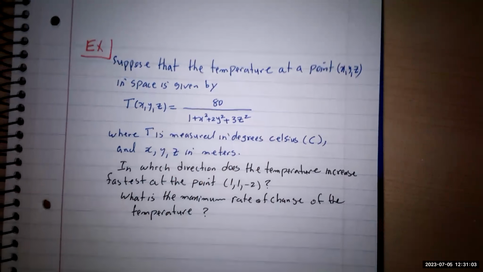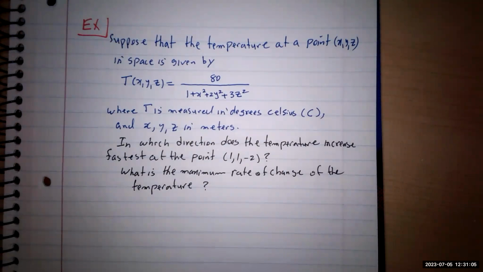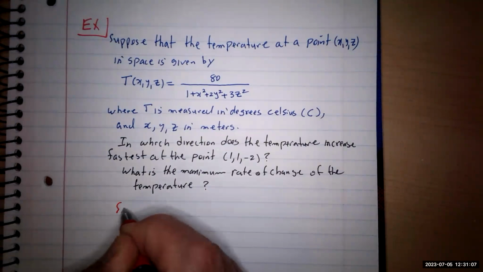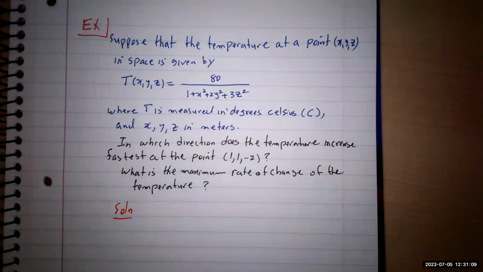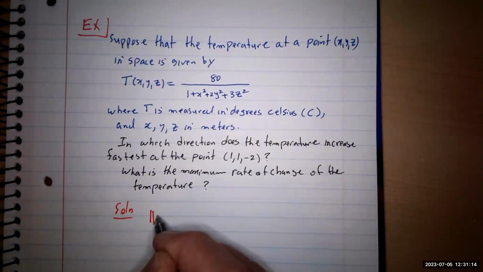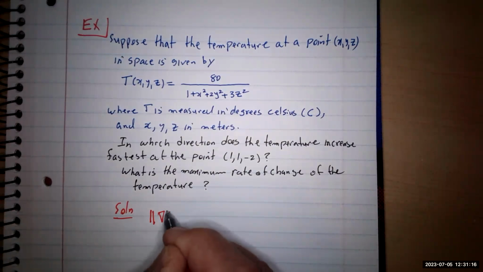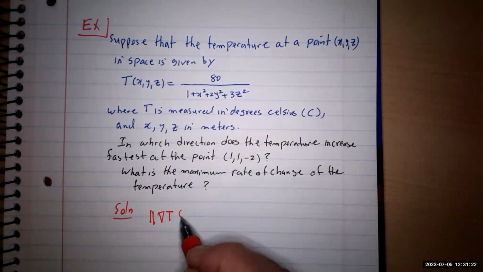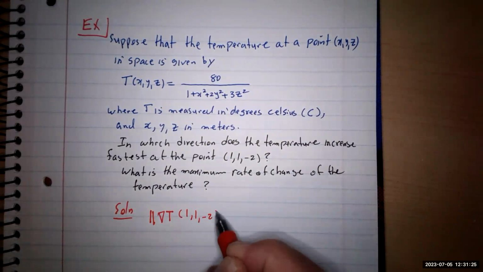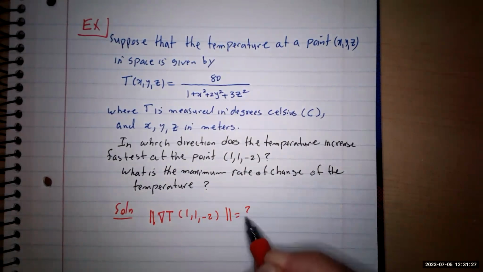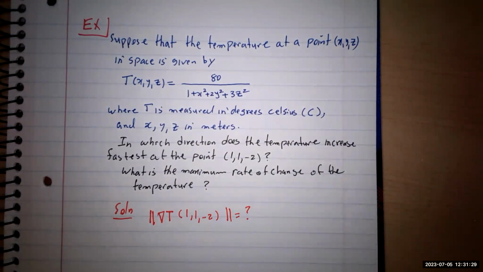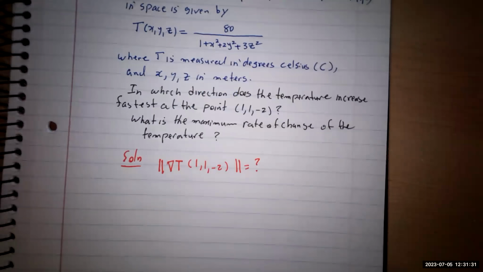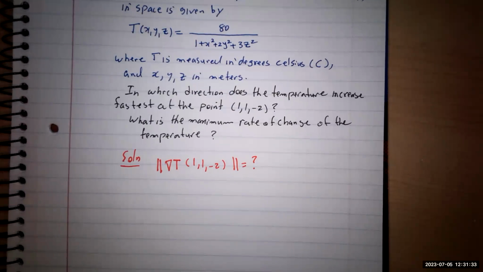Any question? We must know that theorem and then go for it. This is the solution. You know that you have to find the gradient vector of this T, and the norm of the gradient of T at the given point, which is (1, 1, -2). So go and find it.